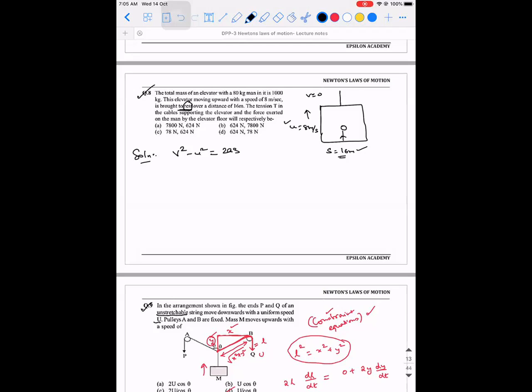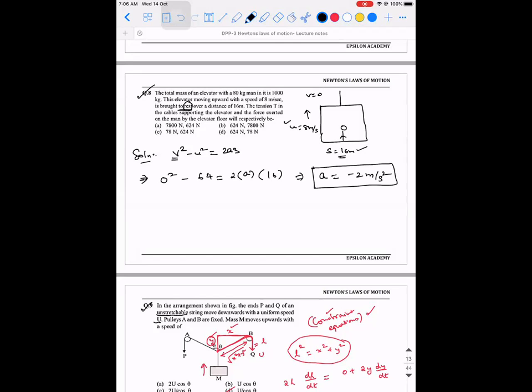Especially this equation should be applied when you see the concept of rest. So from this we can conclude 0 square minus 64 is equal to 2 into a into, what is the distance? It is 16, which implies a is equal to minus 2 meter per second square. So from this, it is very much clear that the elevator is going to decelerate. Any doubt to this step?